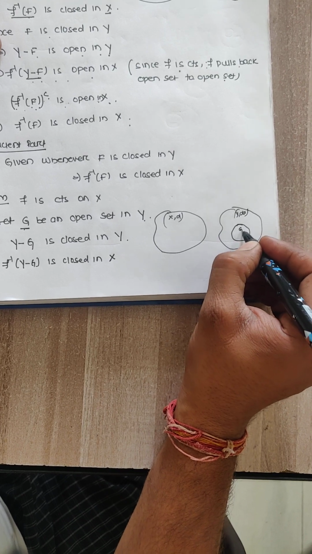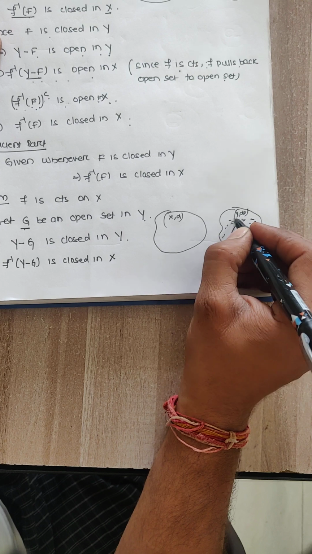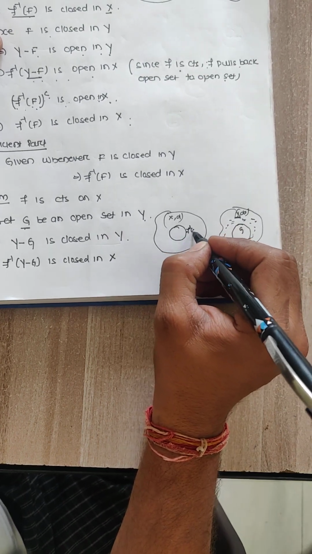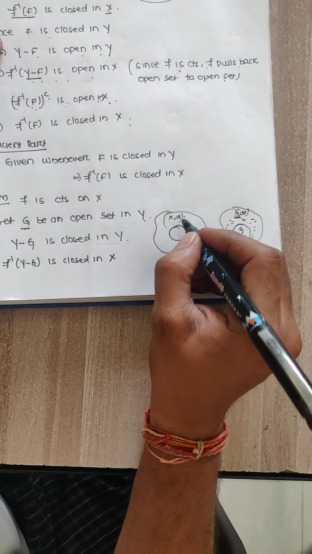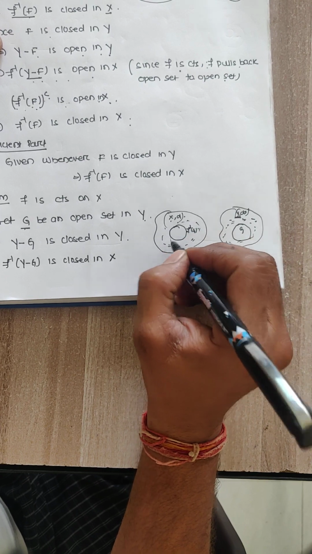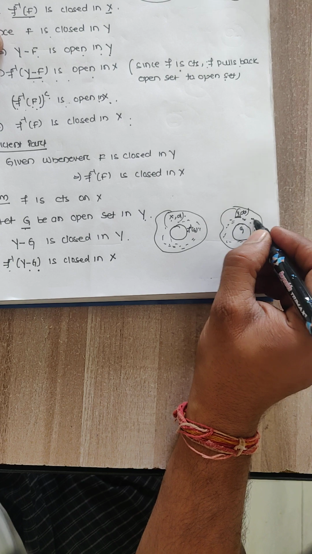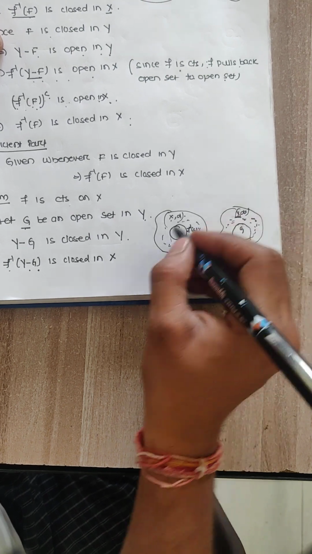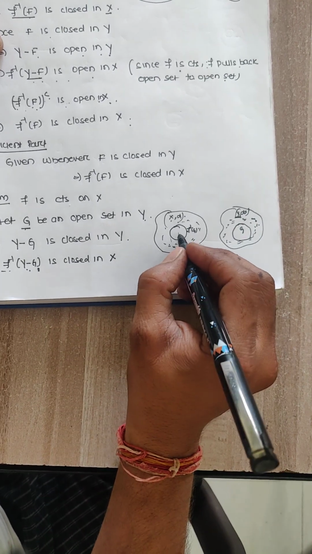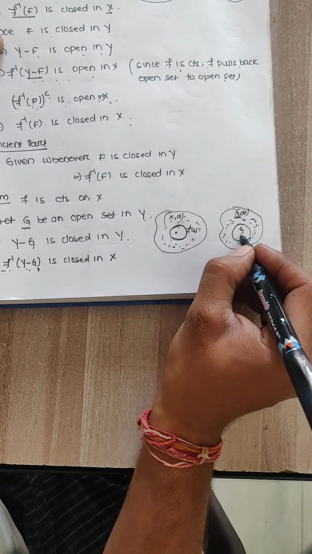G is an open set in this, so G complement is closed in Y. This is f inverse of G, which we need to prove is open. So f inverse of Y minus G is the pre-image of the outside of G, and that is nothing but the points that cannot lie inside, because if they were inside, their image would not fall outside.